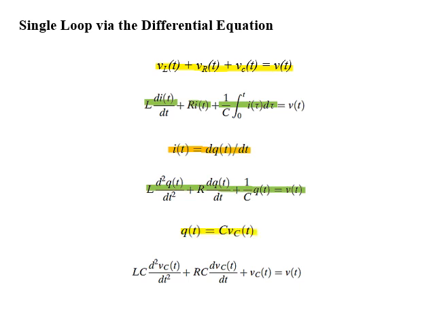And as we know that charge across capacitor is equal to capacitance multiplied by capacitor voltage, substituting this, we'll have a second order equation whose variables are capacitor voltage and source voltage, where resistance, capacitance and inductance are constant.